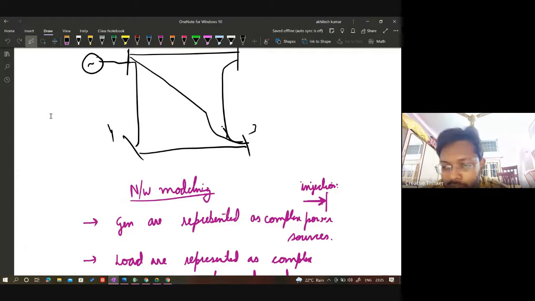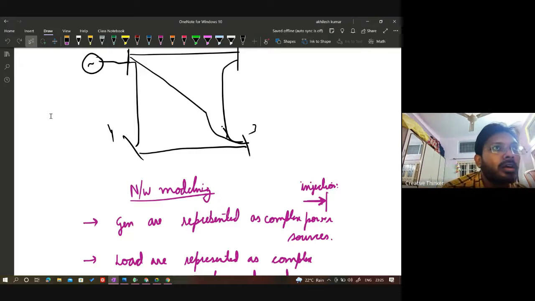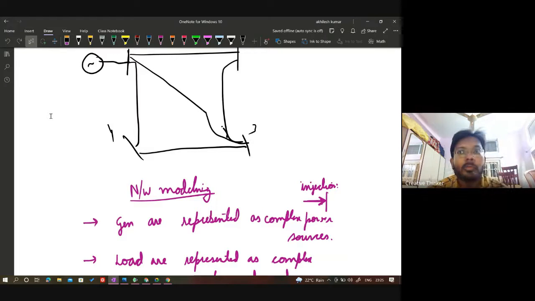Circuit breaker design is done through fault analysis, but load flow analysis is used to design the transmission lines and for power system planning: which areas, how many transmission lines should be connected, how many bus bars should be there. Overall, load flow analysis is done for transmission line planning, for security analysis, and for many other things.